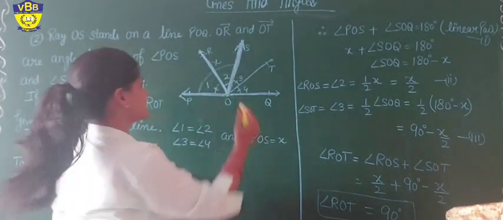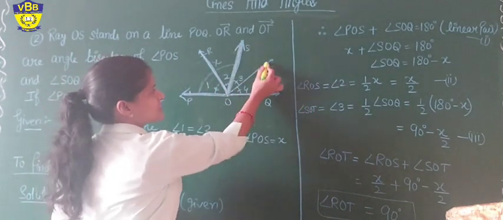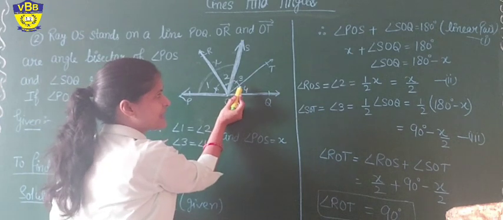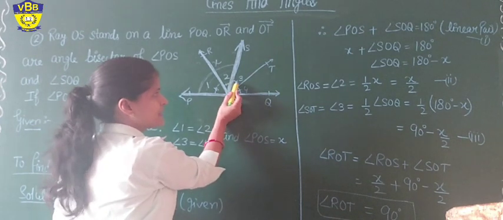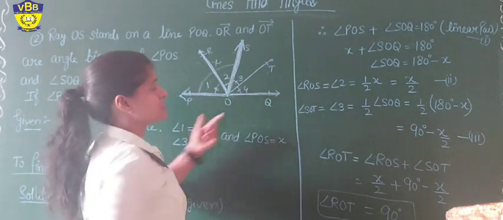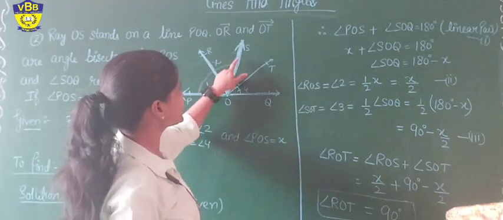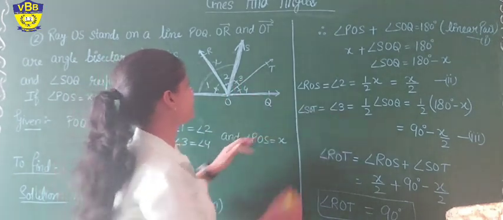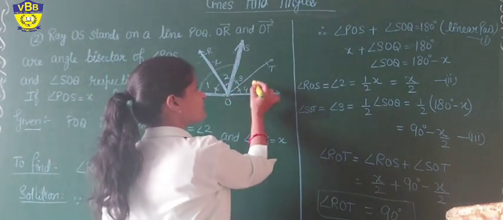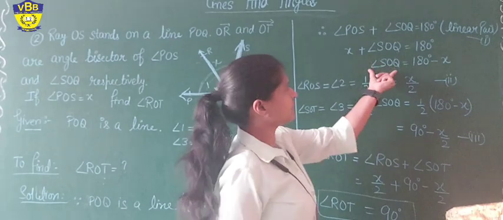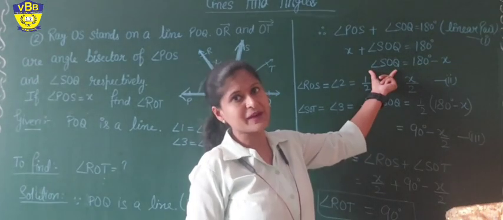And another part, this is SOT, angle 3 and angle 4. Both are equal. Angle 3 and angle 4 are equal. So if I say SOT is angle 3, that is equal to half of SOQ, because both parts are equal.